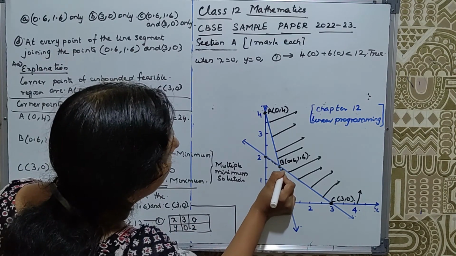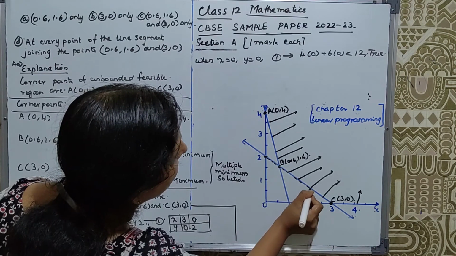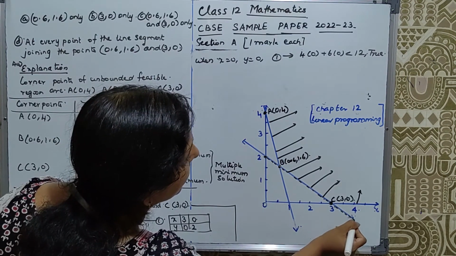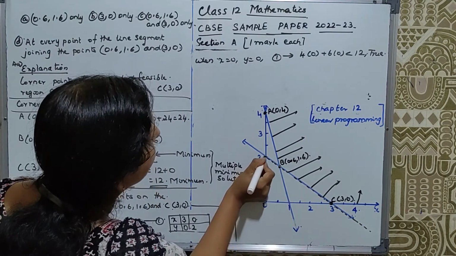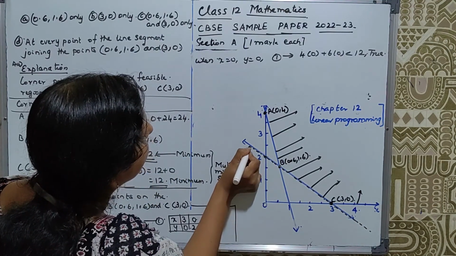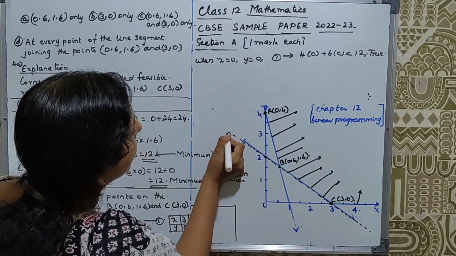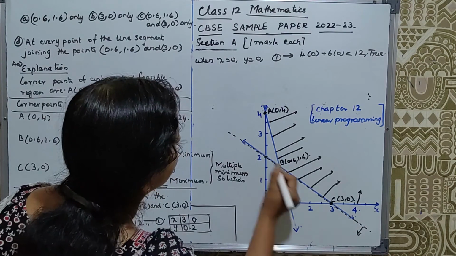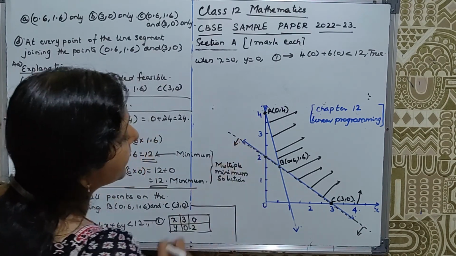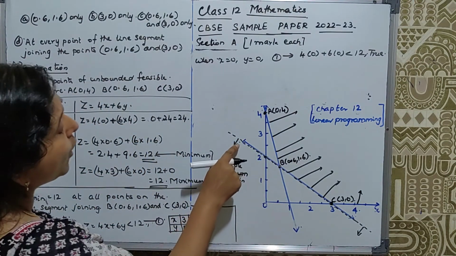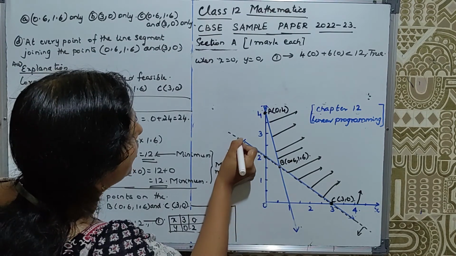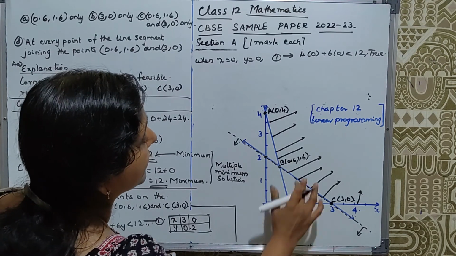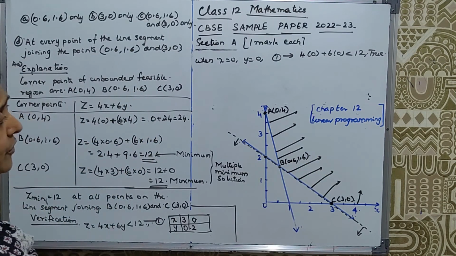Lightly draw an open half plane on the boundary of that given line. Since it is true, it will be directed towards the origin. In the open half plane, there is no point in common with the feasible region, the unbounded feasible region.